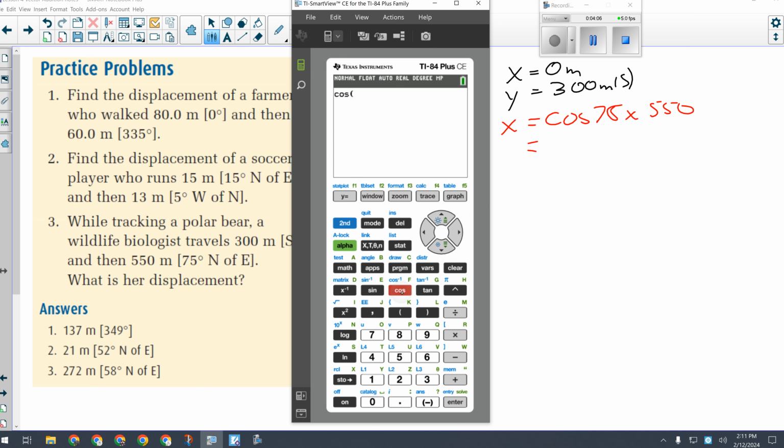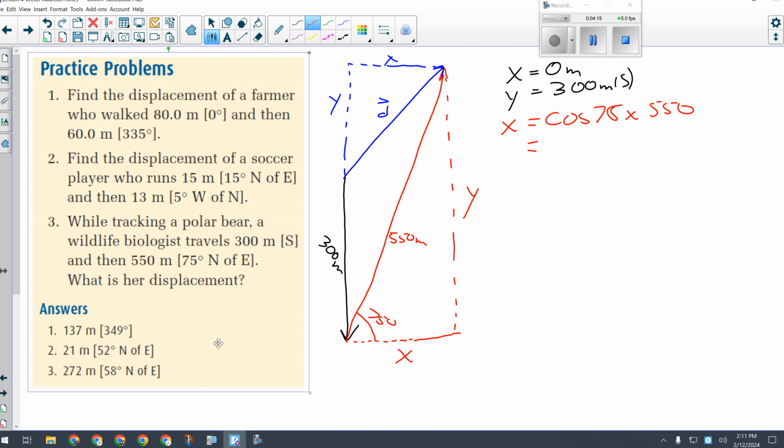So that side's going to be 142.35 meters. And I'm keeping all those decimals in my calculator. I'm just not drawing them or writing them all. And that one's directed east.